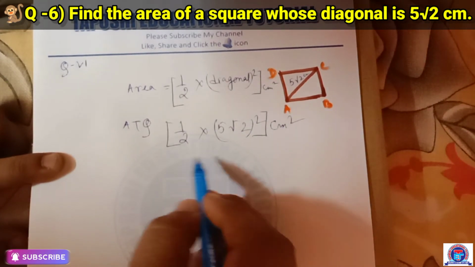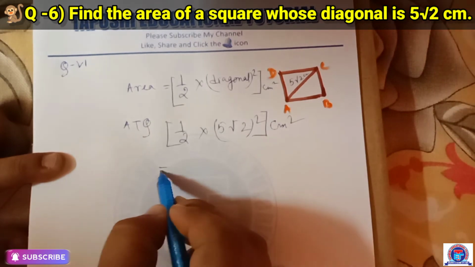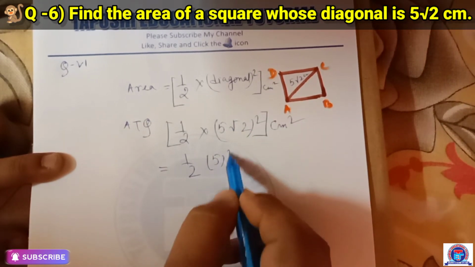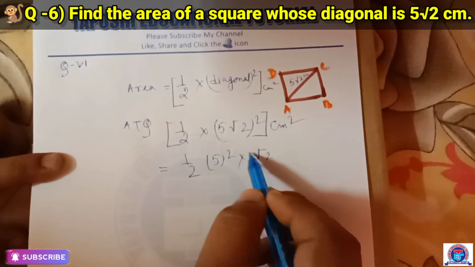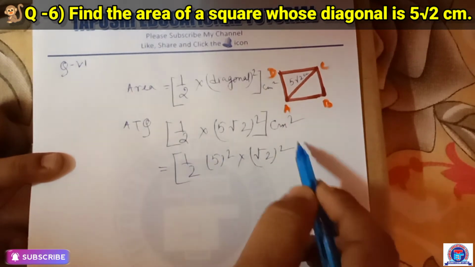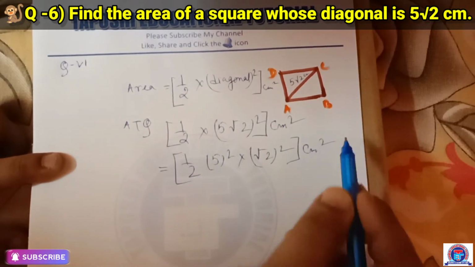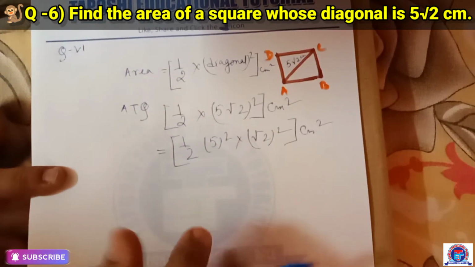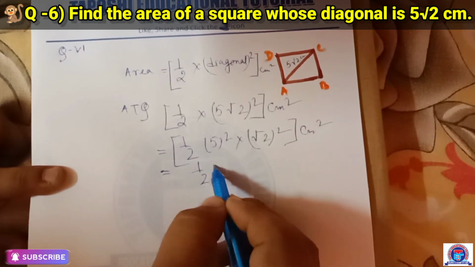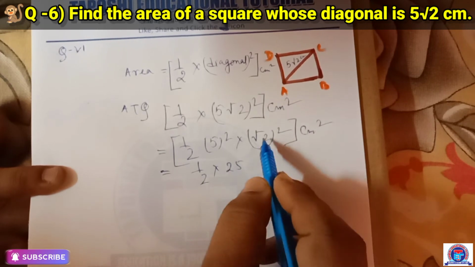Now find the value: half of 5 square into under root 2 square. Correct. Centimeter square, this is the unit. So this one half into 25.